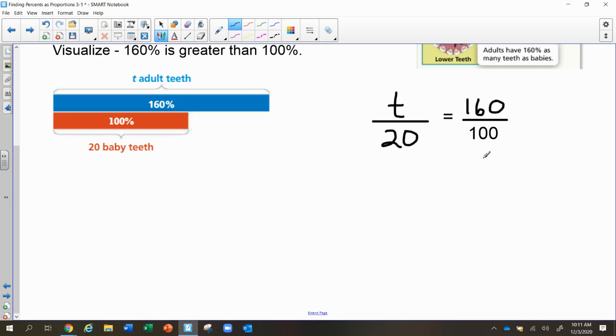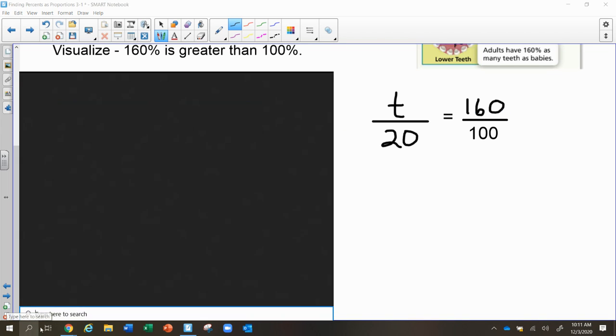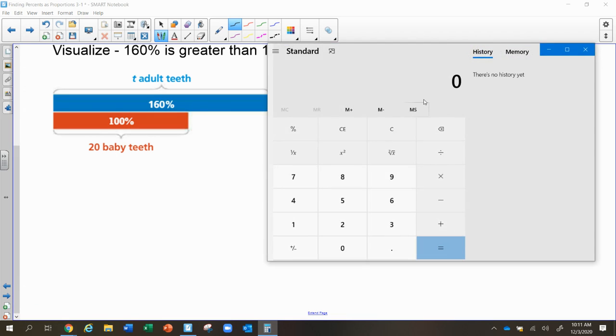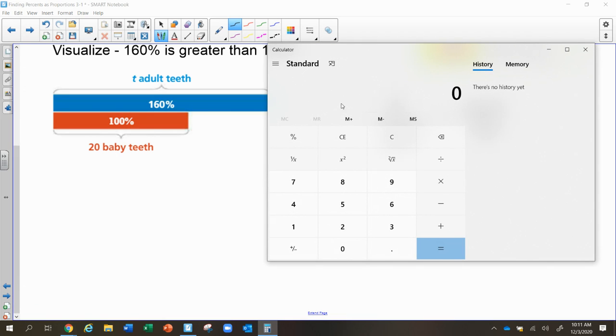So some people got confused as we were working through this today, and we were confused on how to convert 160% or 160 over 100 to a decimal. Well, we do the same thing as we would normally do, and that's we move it 2 decimal places. And if you don't remember, use your calculator as a tool. You guys all have it here. Fractions are just division.